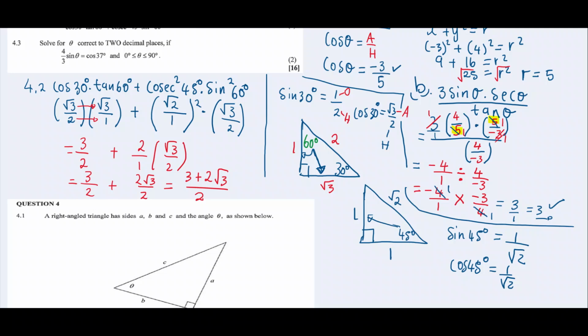So the first one is root 3 over 2, and the tan 60 is root 3 over 1. The cosec is going to be the reciprocal of the sine 60, which is going to be root 3 over 1, and it's getting squared. Yes, we just forgot to square this one as well, so I'm sorry about that. Let's just quickly fix this one.